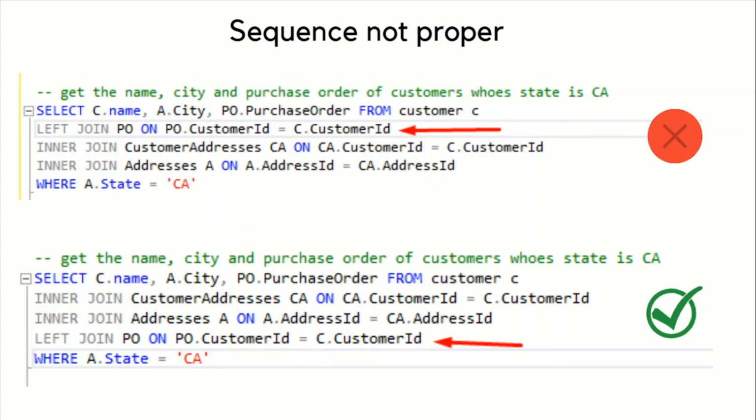After that we use the inner join, which means it will ignore some rows and data will be filtered. So if we use the inner join first and then use the left join, it reduces the query time. In short, we need to use the proper sequence by the data filtering. So it will reduce the rows in the joins and reduce the query time.